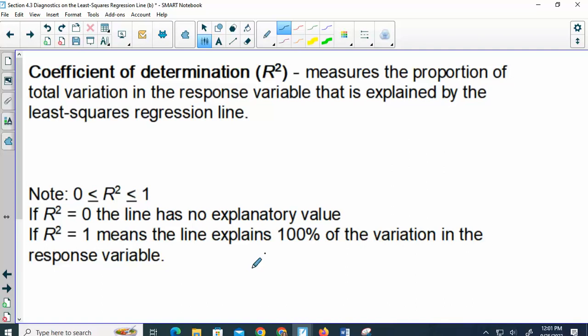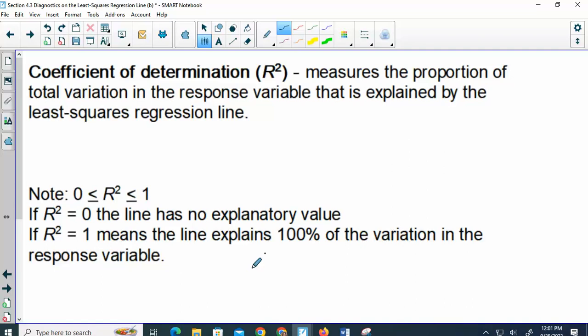That's the coefficient of determination. It tells us the proportion of variation in the response that's explained by the regression line. For instance, on that problem we just did, the R squared in my calculator is 0.8025. So about 80% of the variation in Y is explained by my regression line.